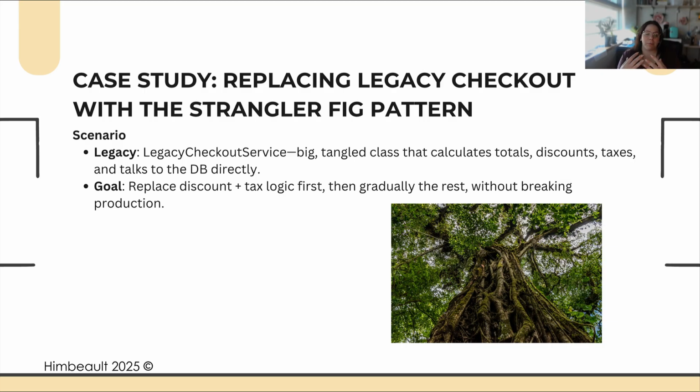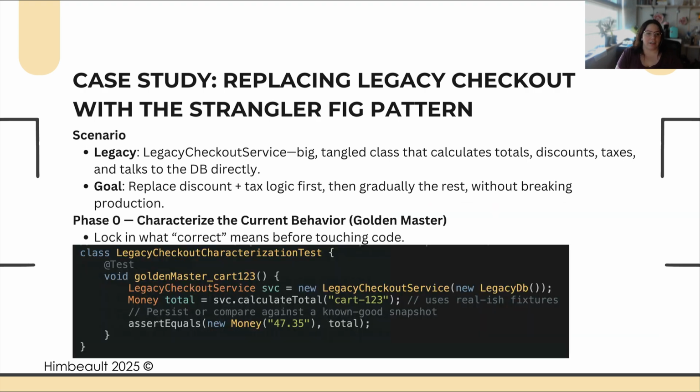And our goal is going to be to replace the discount and tax logic first, and then we will gradually do the rest without breaking our production environment, because even though this checkout service is a disaster, it does work. So we don't want to break production. All right, phase 0. What are we going to do? Let's characterize the current disaster that is our code base, right?